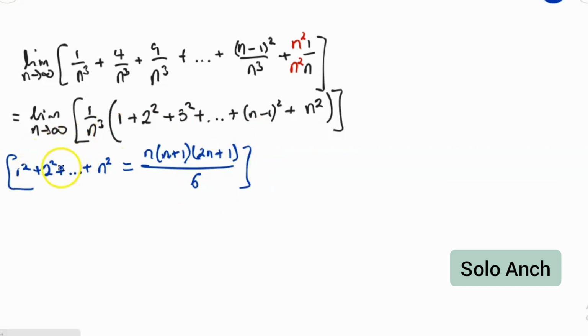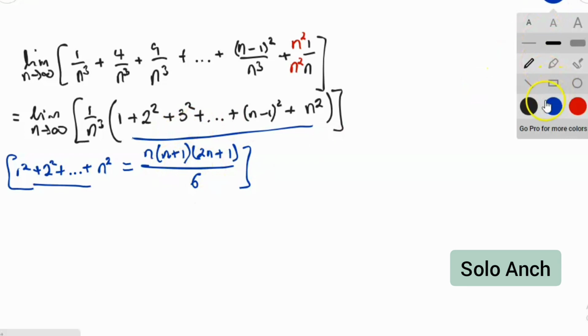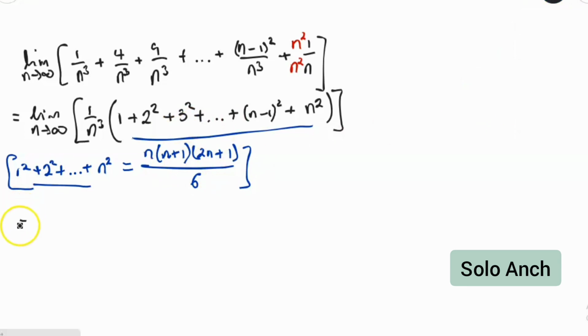So since the sum of squares is what we have in here, we're just going to replace this with this fraction right here. That means that the limit is going to become the limit as n tends to infinity of, so you notice what we have, 1 over n to the third power is outside. Good.